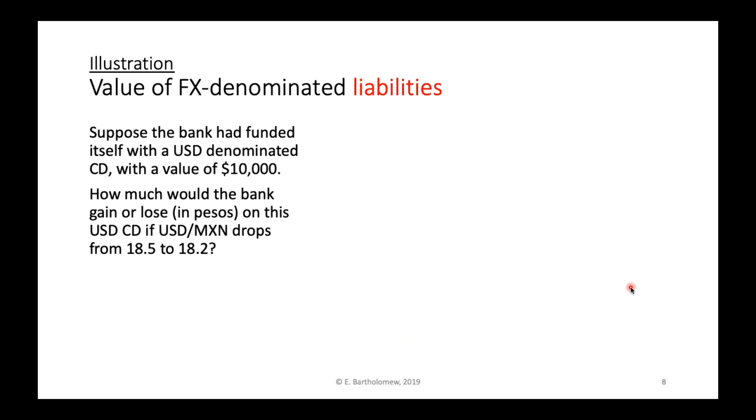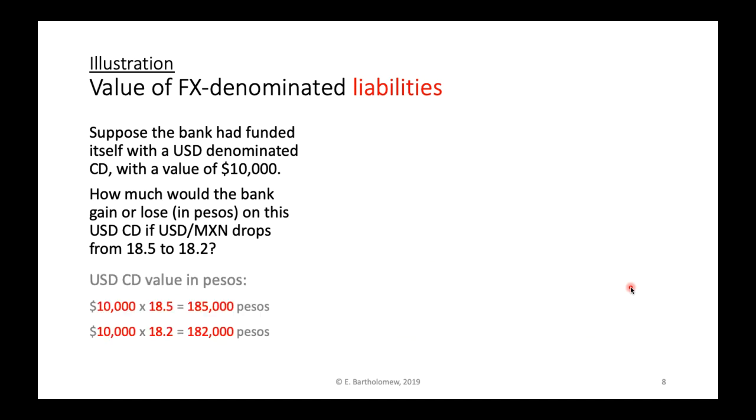Now, let's suppose the bank has funded itself with a dollar-denominated CD with a value of $10,000. And now let's look at this on its own. How much would the bank gain or lose on the CD if the dollar peso rate dropped from 18.5 to 18.2? Well, we'd be doing essentially the same calculation as before. We had 10,000 at 18.5, and then it goes to 10,000 at 18.2.